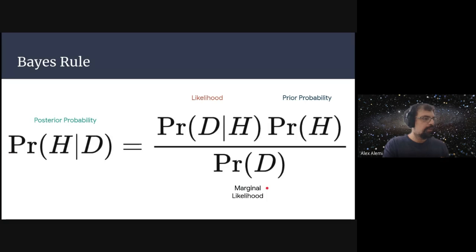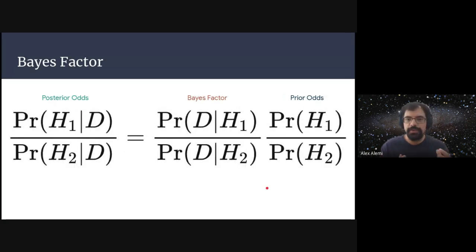Let's consider not just one hypothesis, but two hypotheses, and let's take the ratio of these two equations. Once I do that, the probability of data term drops out, as long as I'm using the same data to compare the two hypotheses. And so we end up with this simple relationship you might have seen before. The posterior odds of hypothesis 1 over hypothesis 2 is the prior odds of hypothesis 1 over hypothesis 2 multiplied by what's called the Bayes factor, which is the ratio of the likelihood of the data given the two hypotheses.